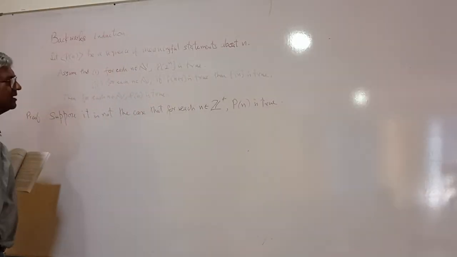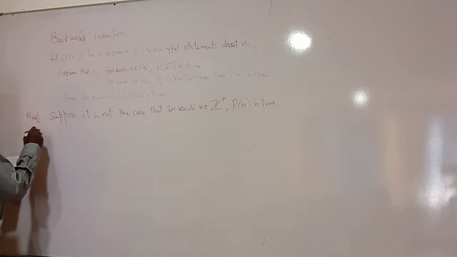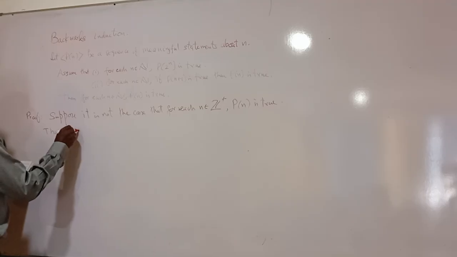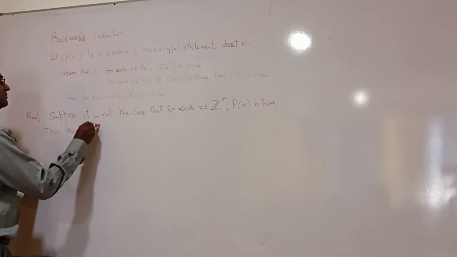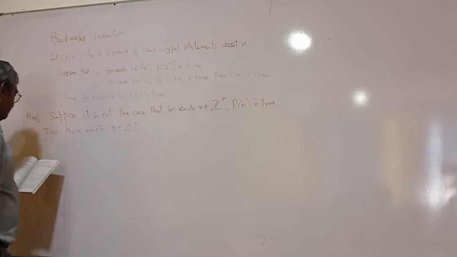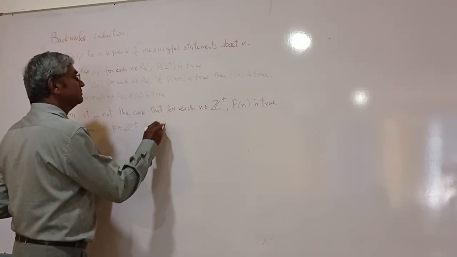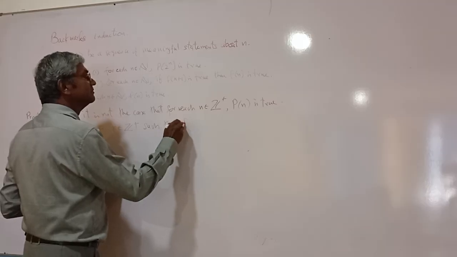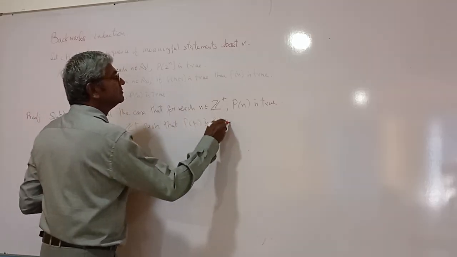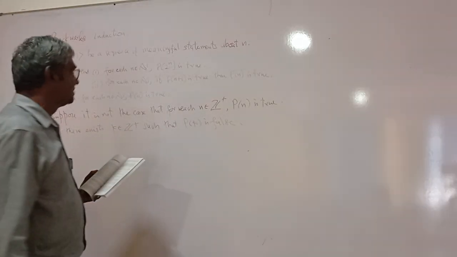Suppose it is not the case that for each n belongs to Z plus, Pn is true. Thus, what will happen? Thus, there exists k belongs to Z plus such that Pk is false.